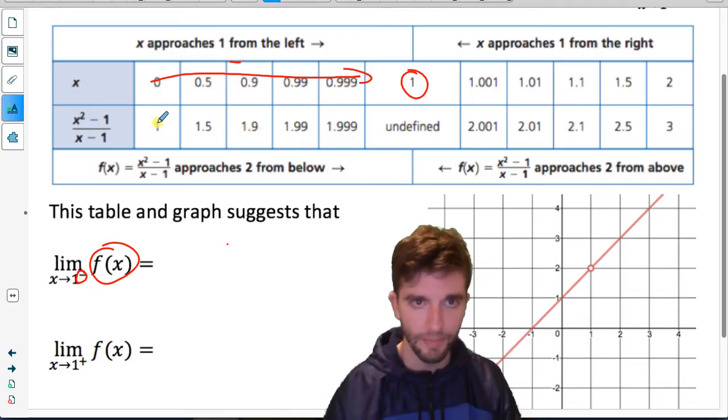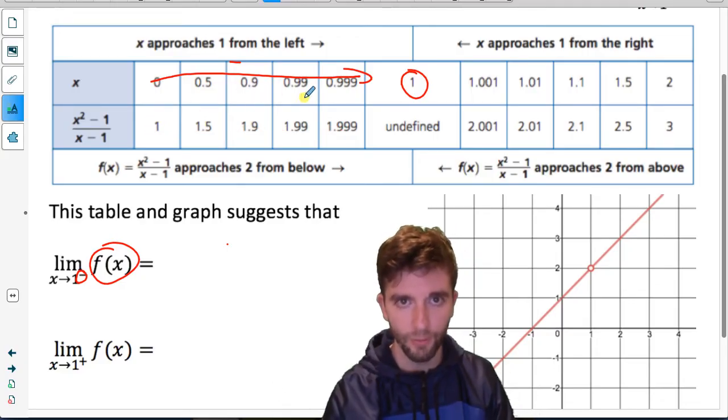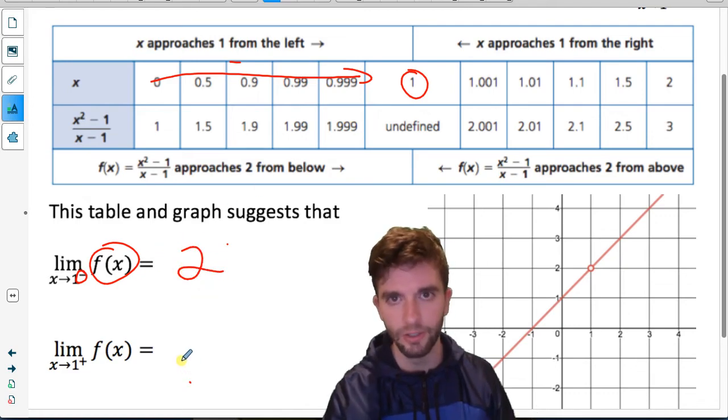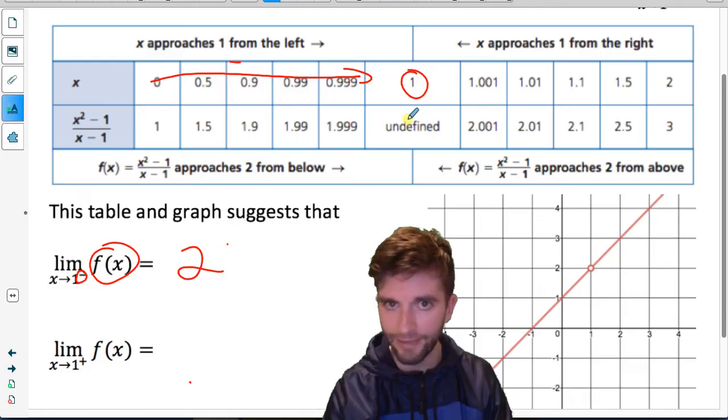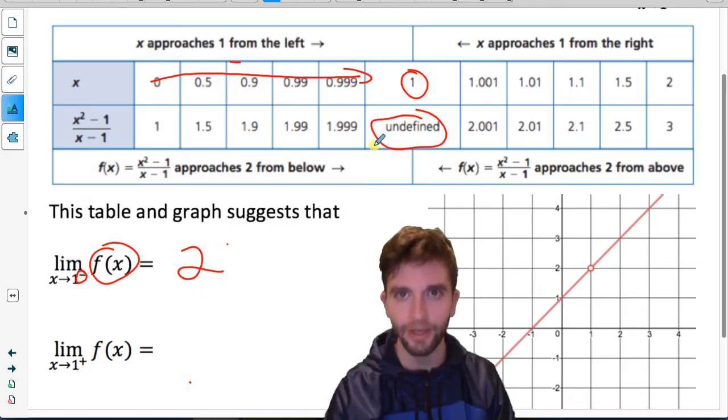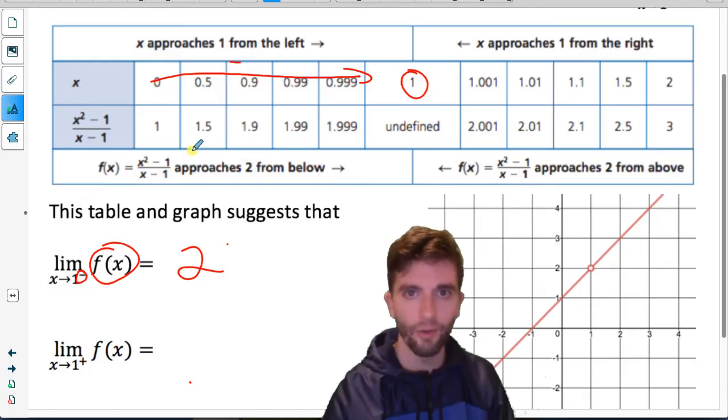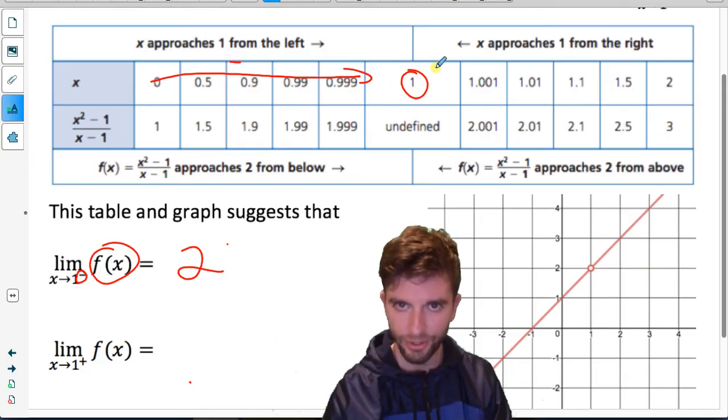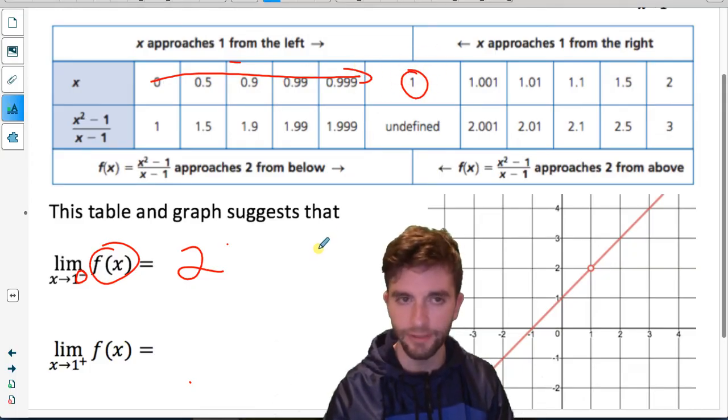It looks like to me they're going from 1 to 1.5 to 1.9 to 1.99 to 1.999. It looks like they're going to 2. I don't care what the y value is at 1, I just care what the y values are approaching as I get closer and closer to an x value of 1 from the left.